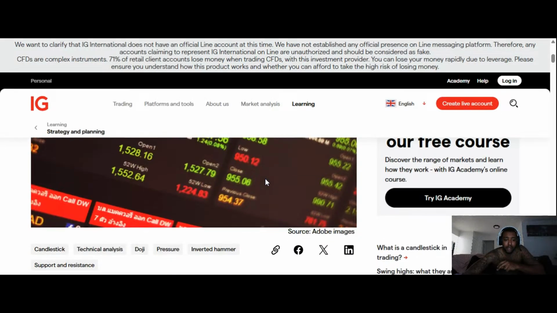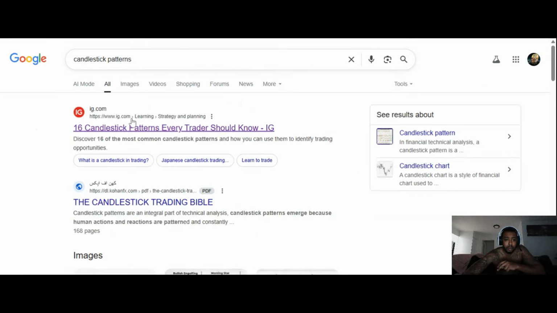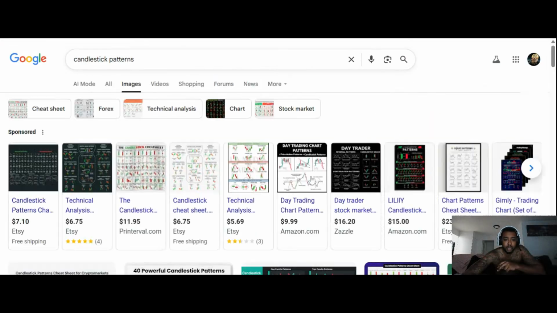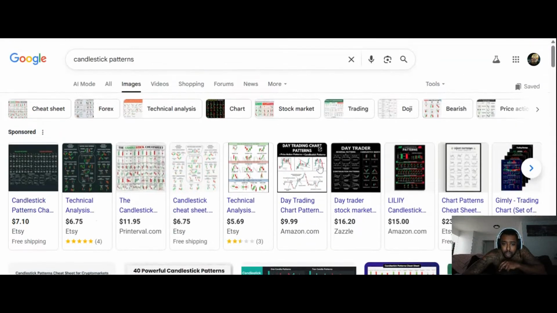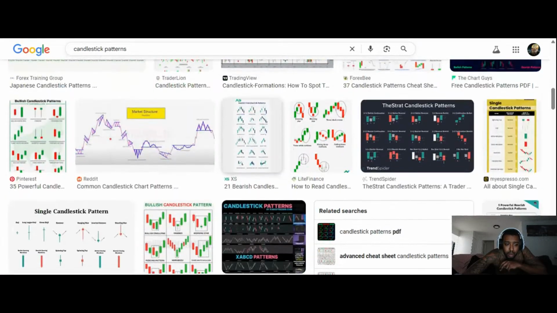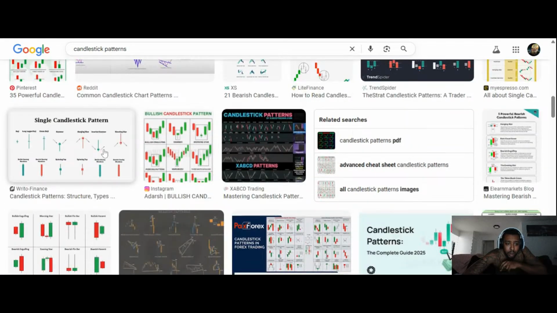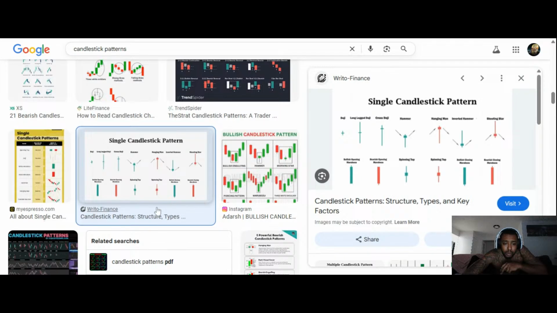Yeah, it's going to have a lot of information. Wait, no, hold on. Let me go back. We'll click to a better one. Matter of fact, you just go to images, right? Just click images, and we're going to go to just the singular candlesticks. Oh man, I clicked the wrong one.